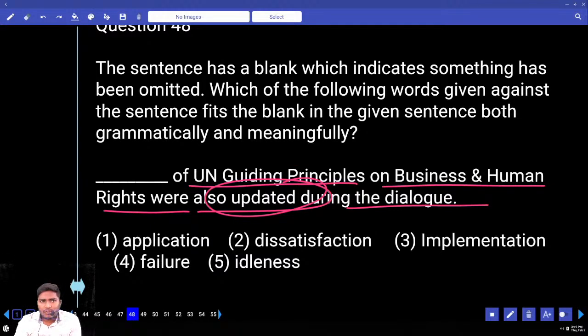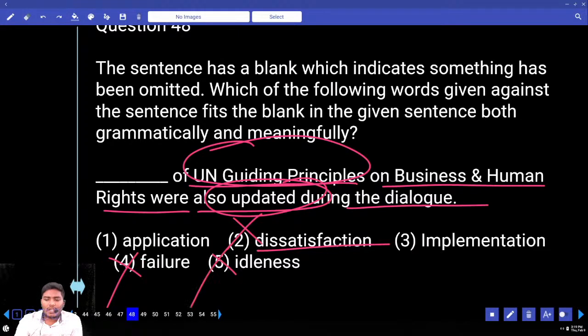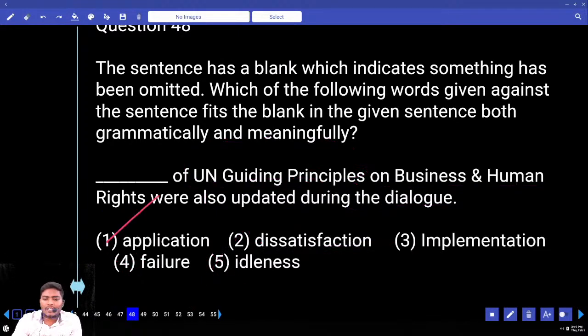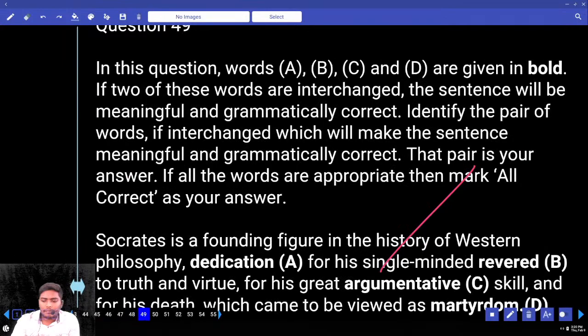First of all, positive only, because we are speaking about the guidelines of UN, right? Now how many options are negative here? Dissatisfaction, failure, idleness. Three of them are out. Now tell me an answer. Application or implementation? Some rules or principles. Are principles applied or principles implemented? Implemented. Rules are implemented by some governments. Move to 49.